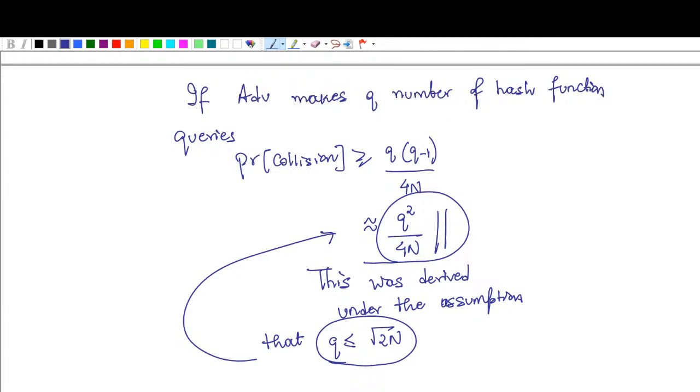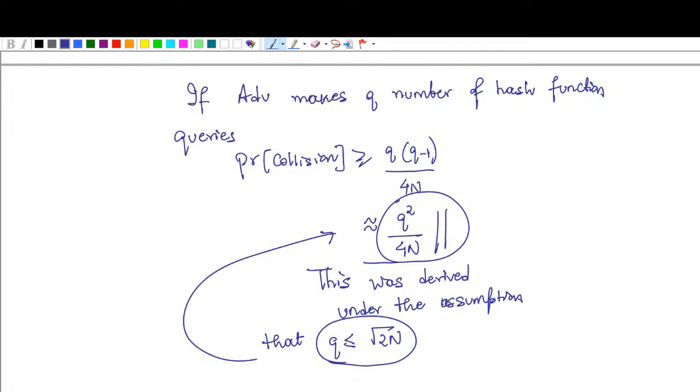Whether you use this assumption or not doesn't matter, but if we assume q is less than or equal to root 2n, then we have a nice looking expression.